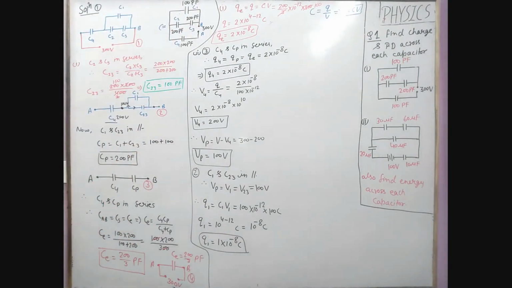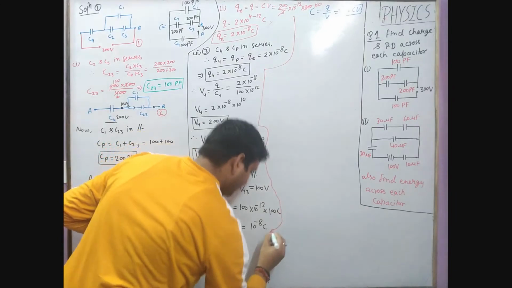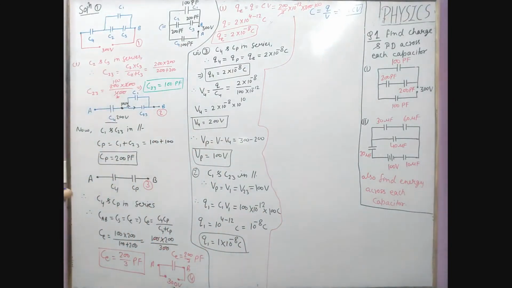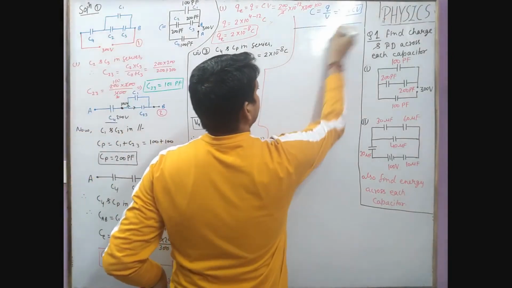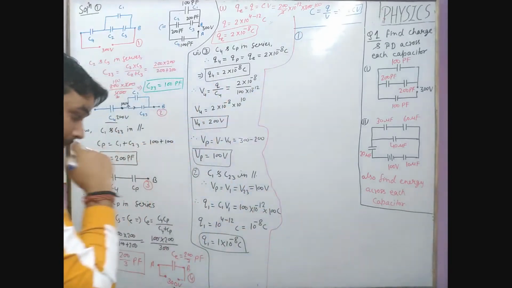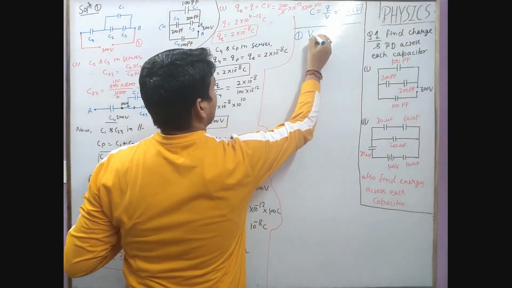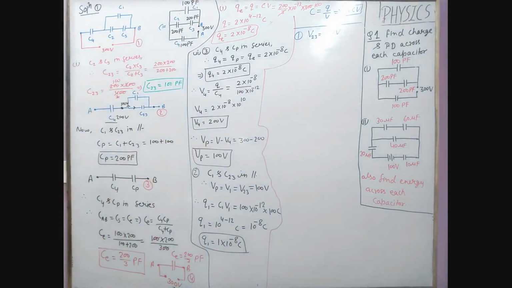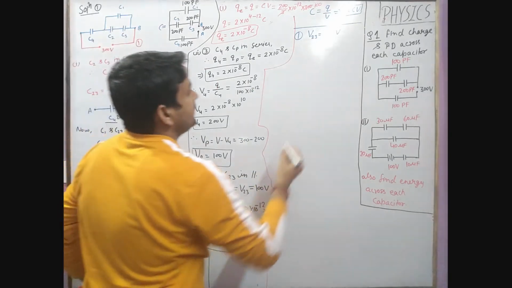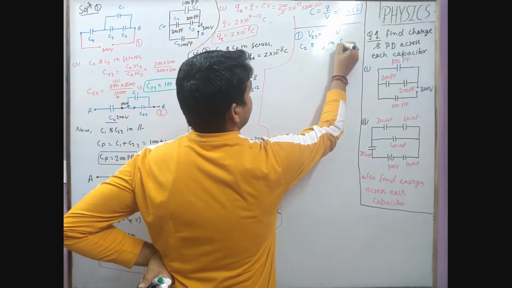Okay, now after this we are moving to circuit 1. In circuit 1 we have V23 equal to 100 volt, and C2 and C3 in series.